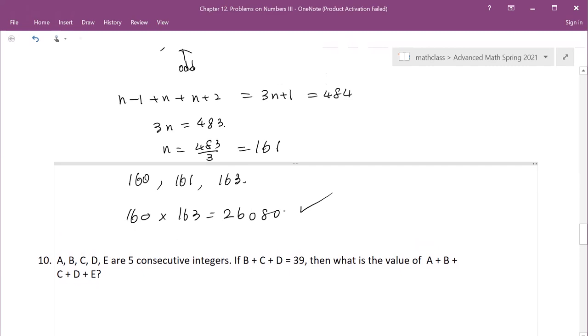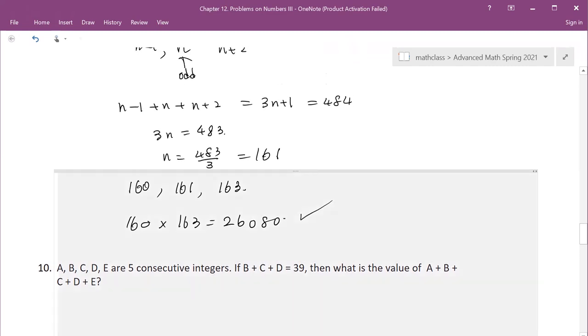The previous one is wrong, let me double check it. You work on this. You have 5 consecutive integers.